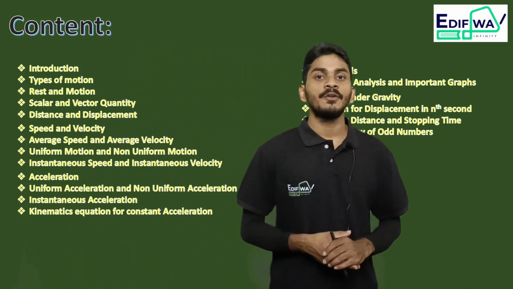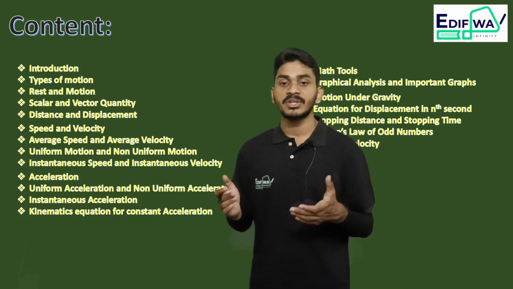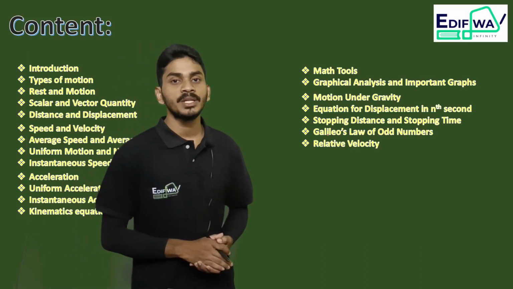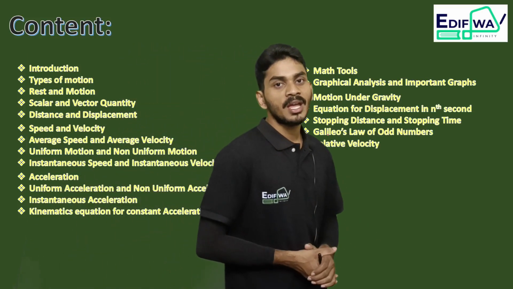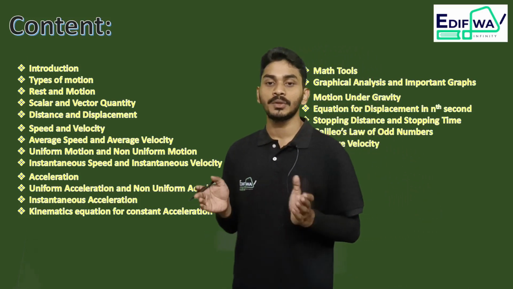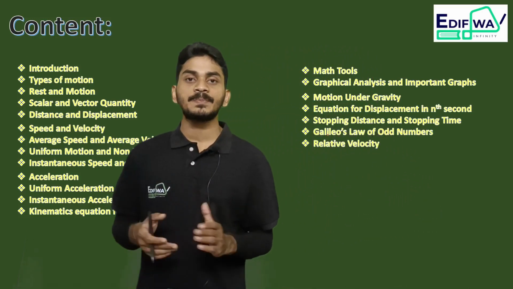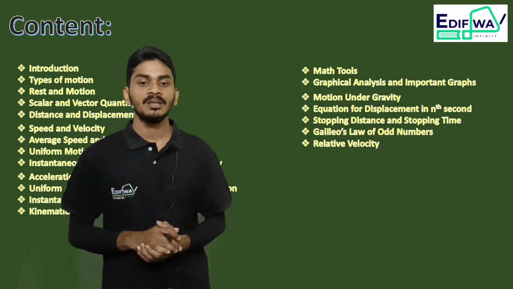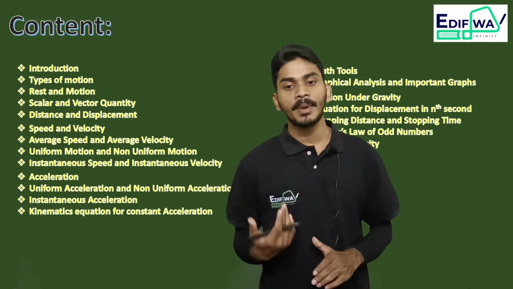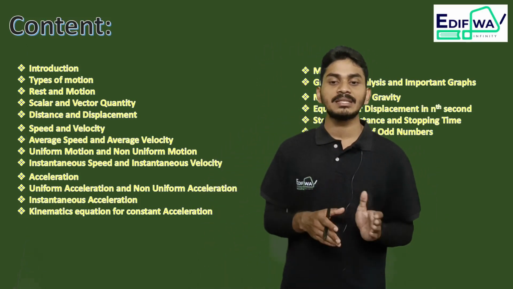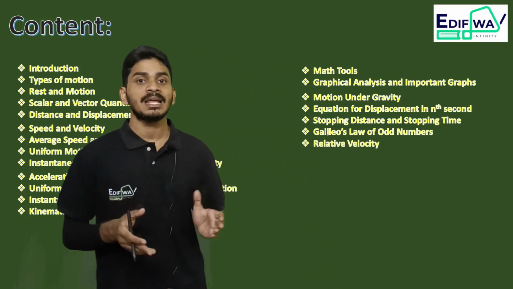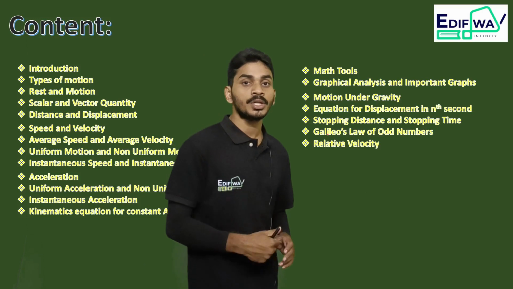Then we will learn different types of motions, rest and motion, scalar and vector quantities, distance and displacement, speed and velocity, average speed and average velocity, uniform motion and non-uniform motion, instantaneous speed and instantaneous velocity, acceleration, uniform acceleration and non-uniform acceleration, instantaneous acceleration, then kinematic equations for constant acceleration, and that is a very important topic.